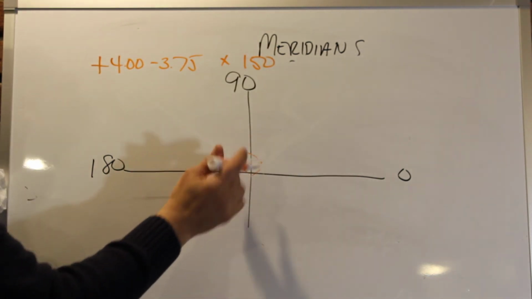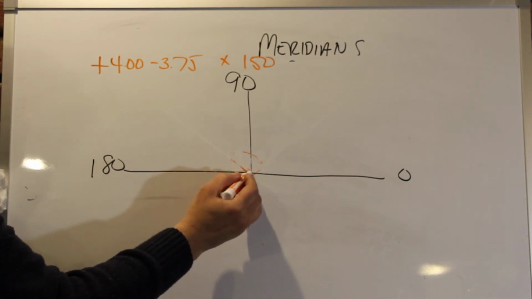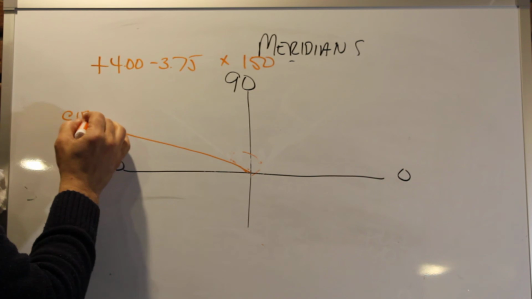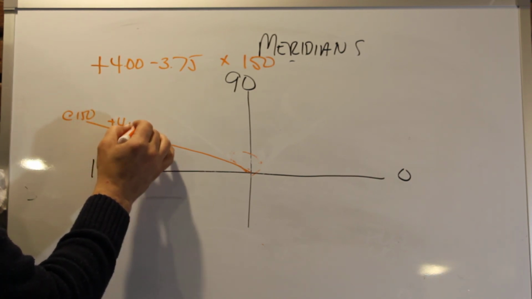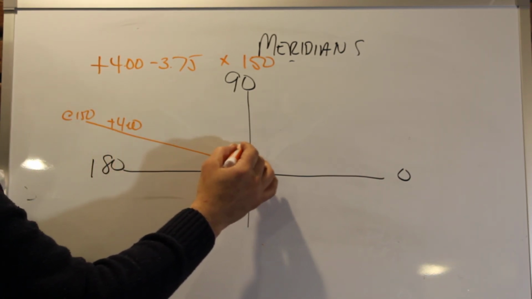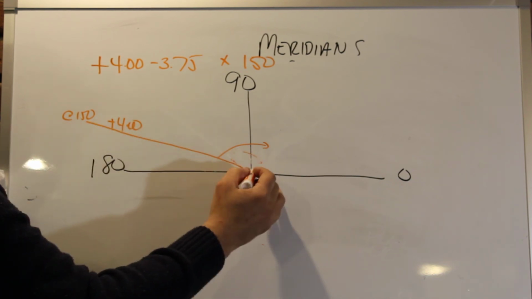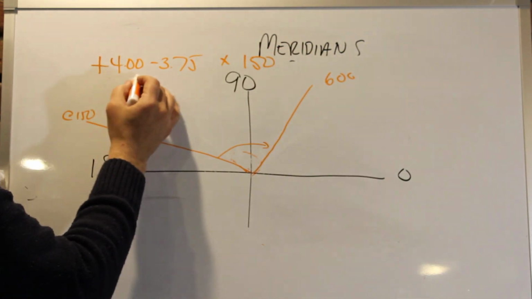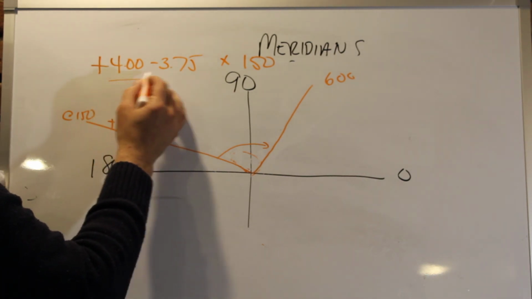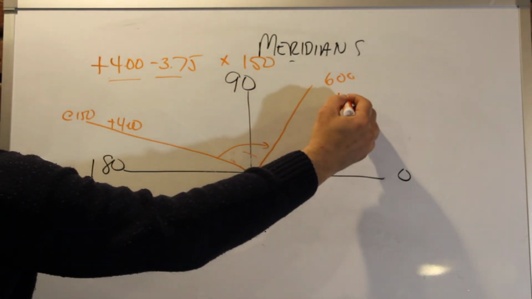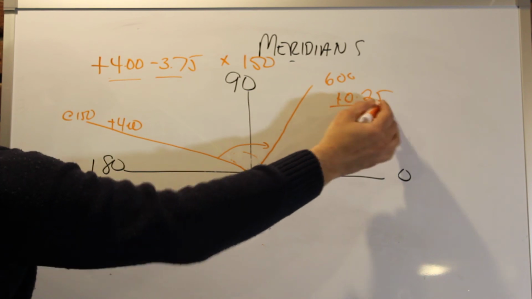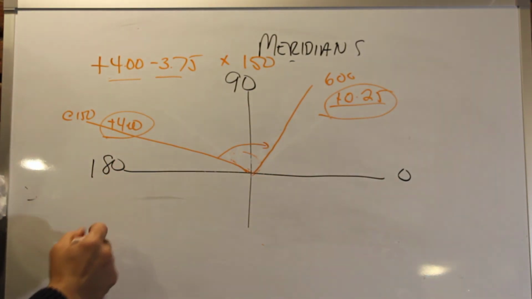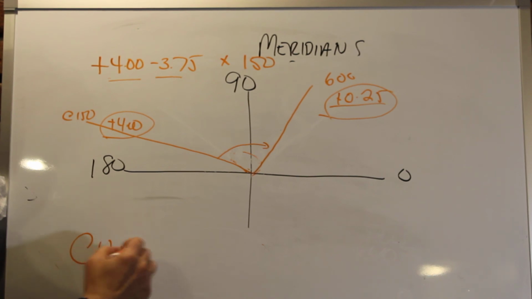So we're going to find at 150, about 30 degrees away from 180, we have a plus 4. 90 degrees away, which would be 60 degrees, we would have the full amount of the cyl plus the full amount of the sphere, plus 0.25. Well, since both are plus, this would be compound hyperopic astigmatism.